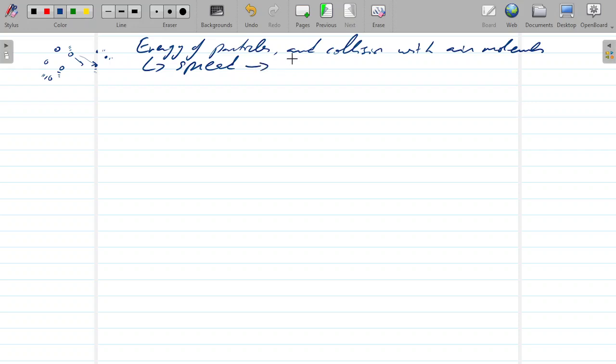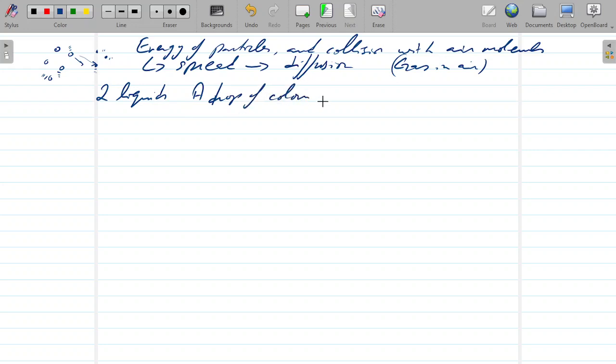And that spreading is called diffusion. Now, the example I've given is a gas in air. You can have one liquid diffusing into another, so you've got two liquids. For example, you've got a drop of color in water.